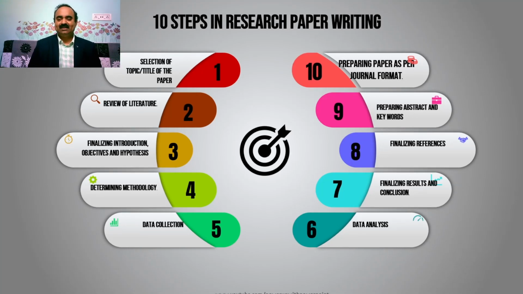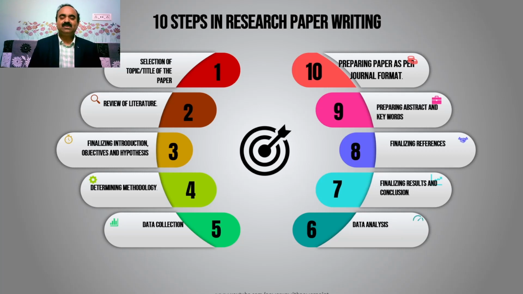Dear students, ninth step is preparing abstract and keywords. Abstract is a short summary of your complete research paper. Generally, abstract will be used by the editors of the journals to decide whether to take your paper for publication and review by the referees.